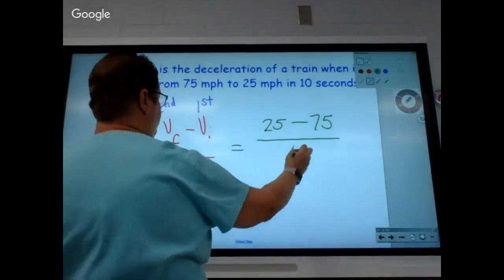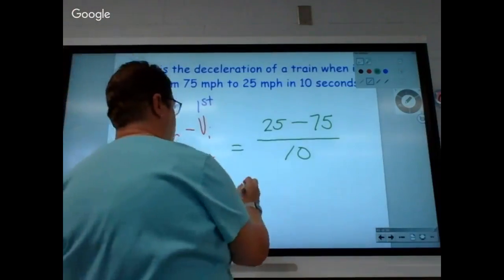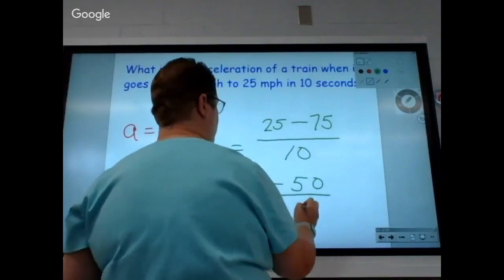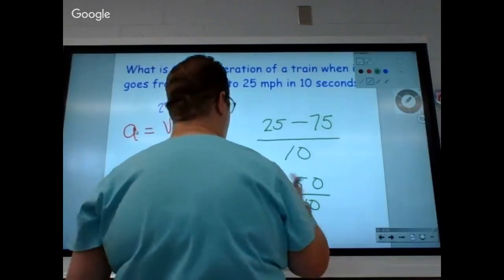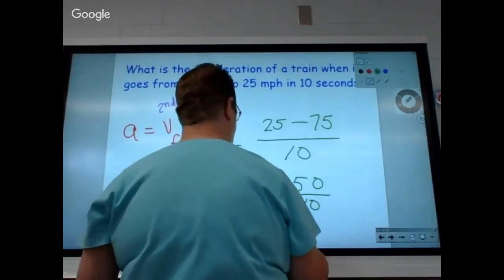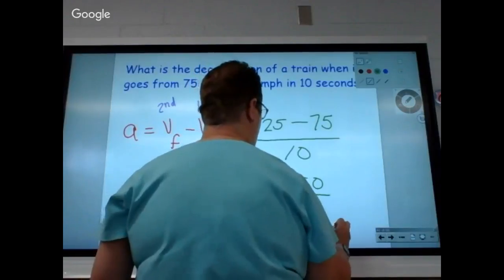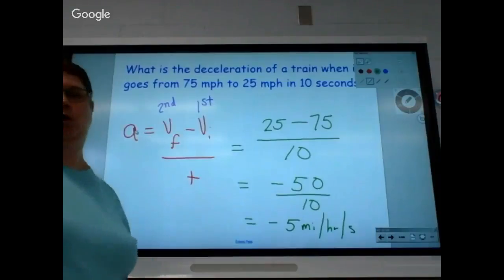I'm thinking 10. All right, so 25 minus 75 is negative 50. Okay, so negative 50 divided by 10 is negative 5. And we have miles per hour per second. Now, that's the way the problem should work.